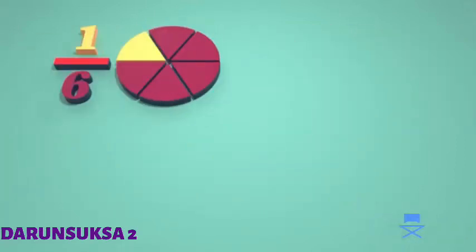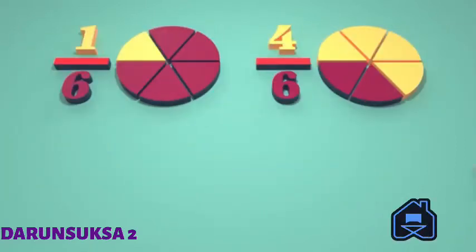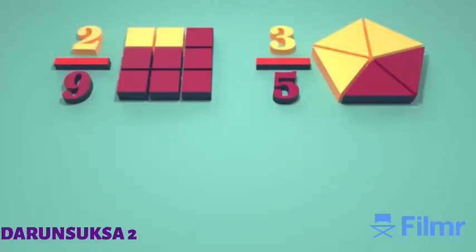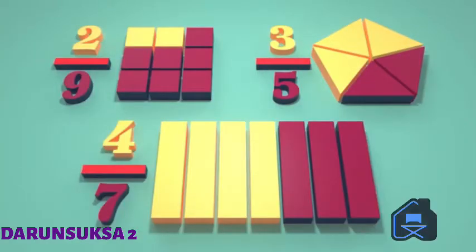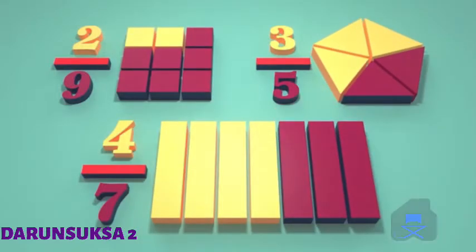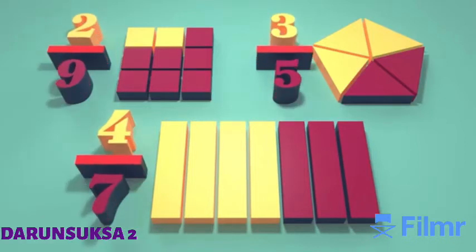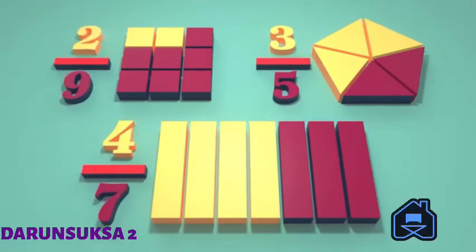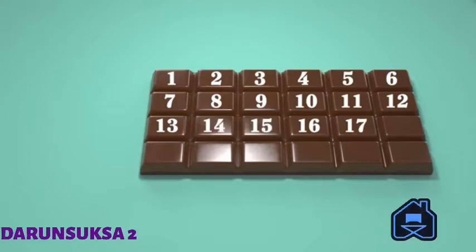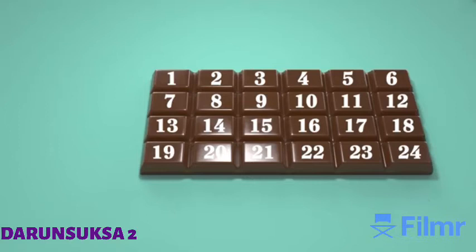We are fractions. The parts of the whole that we want to count is a fraction. Take a big bar of chocolate that's divided up into 24 parts.